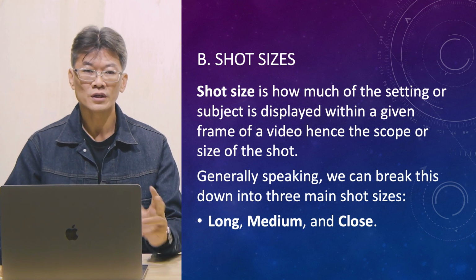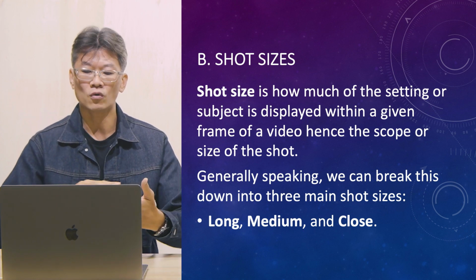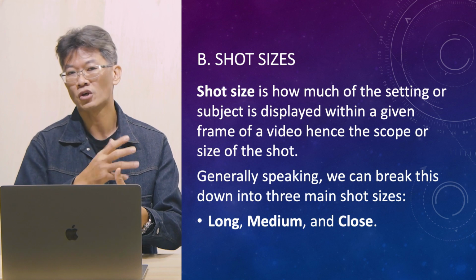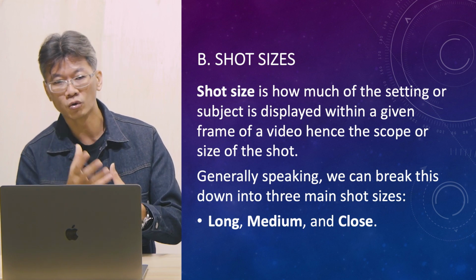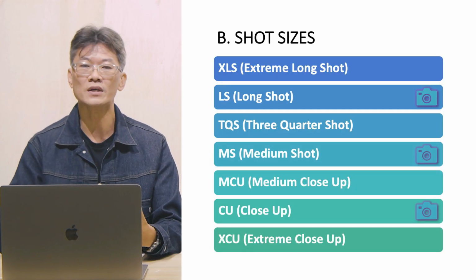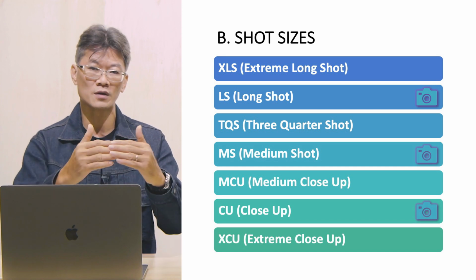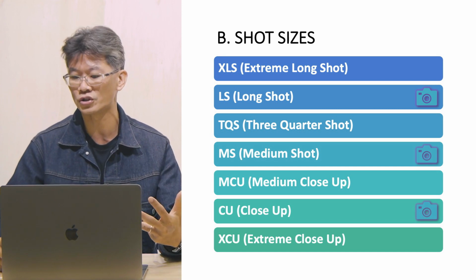Now in these 3 basic shots, there will be one more shot wider than it and one more shot closer than it. And here we have 7 shots you're able to create from these basic 3 shot sizes.